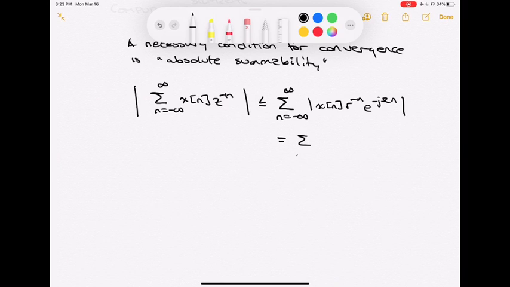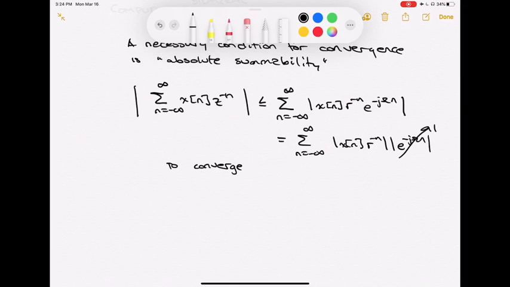That's a summation from n equals minus infinity to infinity. I'm going to have the norm of x of n, r to the minus n, and I'm going to have the norm of e to the minus j omega n, which is always 1, by the way. We know that part is 1. So to converge, the only thing we have control over is z, that is, r and omega, if you will.